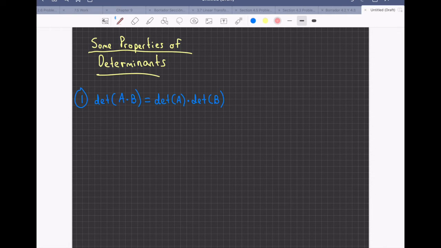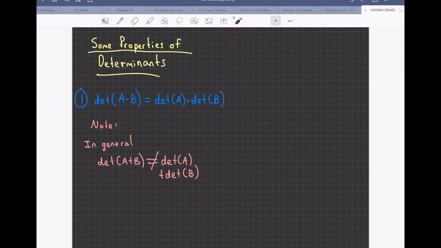Be careful. Note, in general, the determinant of A plus B is not the same as the determinant of A plus the determinant of B. So don't try to follow that rule.